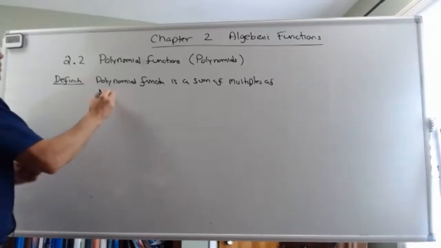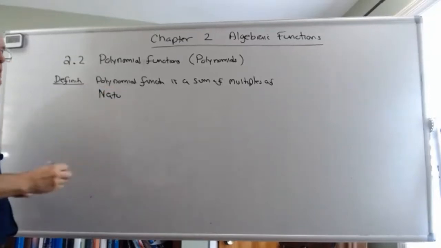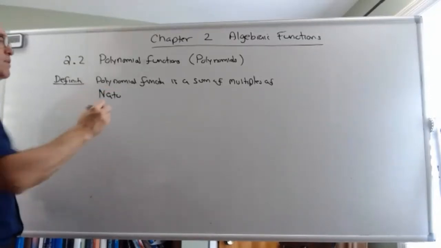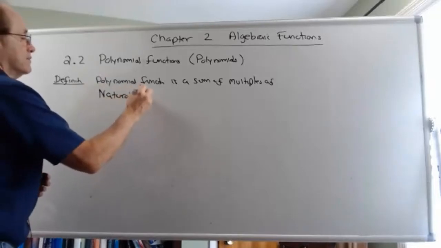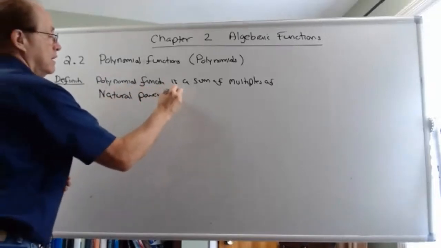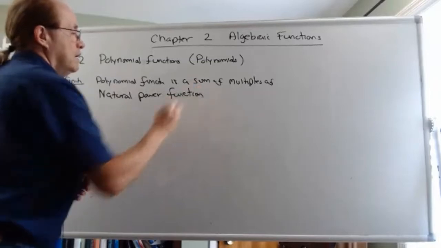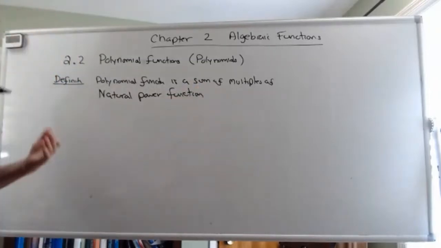I'll call it natural, meaning it's a natural numbered exponent. That's it in words. What does it look like algebraically?